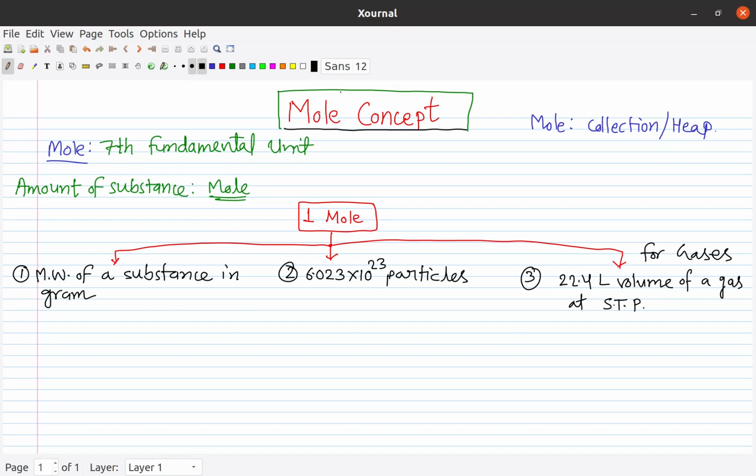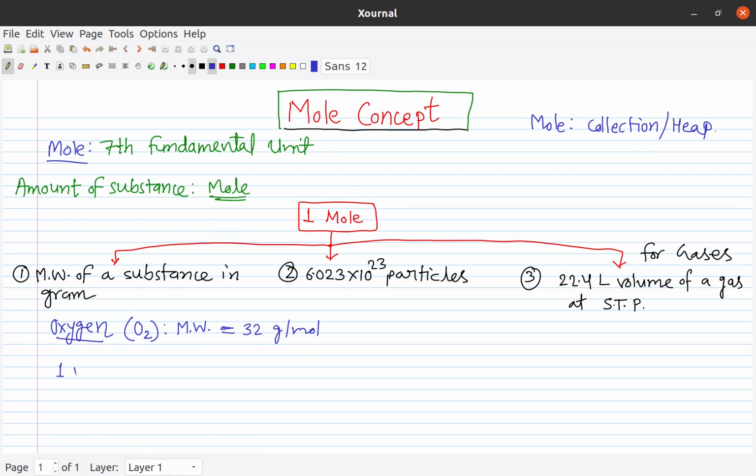We can understand it with an example. Let's take the example of oxygen. Oxygen is O2 in molecular form, and the molecular weight of oxygen is 32 gram per mole. If you look at the unit carefully, it says 32 gram per mole, which itself describes that 32 gram oxygen is 1 mole of oxygen.